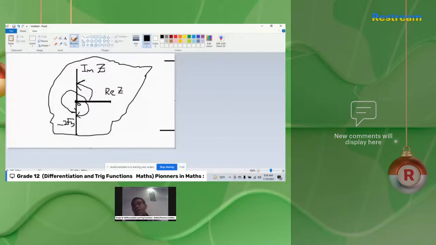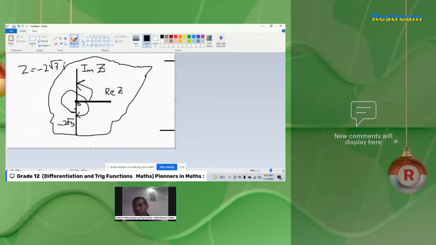If now, learners, for example, we suppose that z equals negative 2 root of 3 i. Of course, the imaginary part is i, don't forget. So this complex number is located on the imaginary axis, below zero, and the angle is 3 pi over 2.